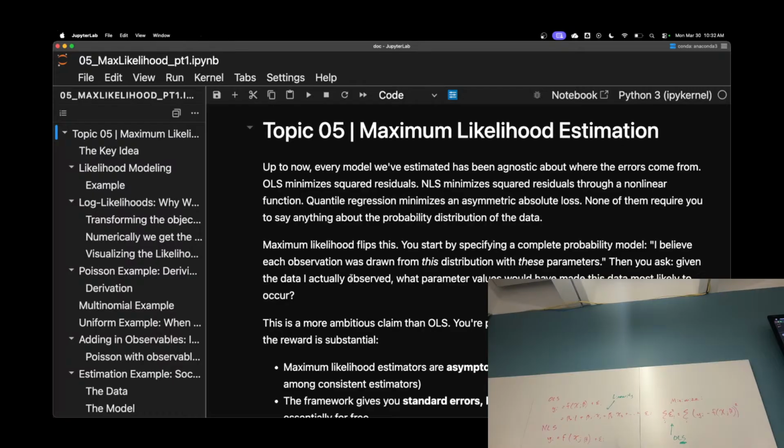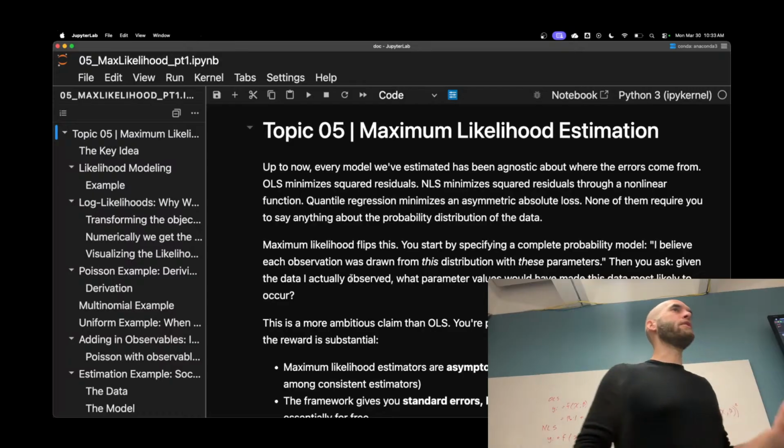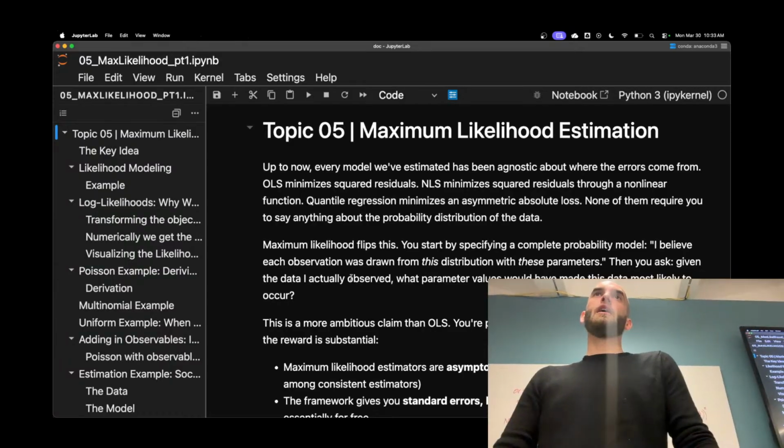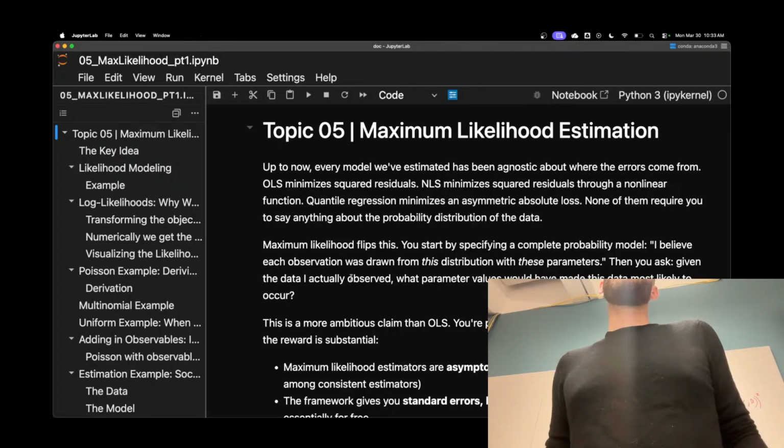I think we probably won't get there today, but I have a data example where we're going to perform maximum likelihood estimation on a 42 parameter model, which is going to be a lot of fun. This is pretty similar to the soccer example in your checkpoint 1, but we're going to do this using maximum likelihood estimation.